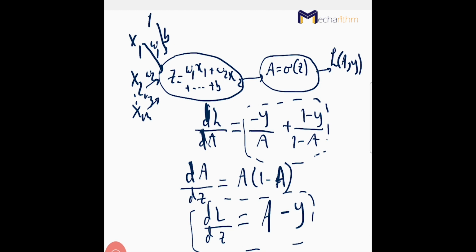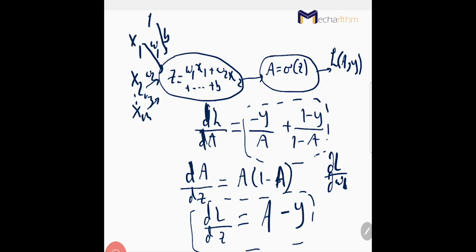So what we actually need to do is get the partial derivatives of L with respect to each weight. For example, let's denote that by W with some subscript. Let's just pick the subscript H, for example, for no reason.